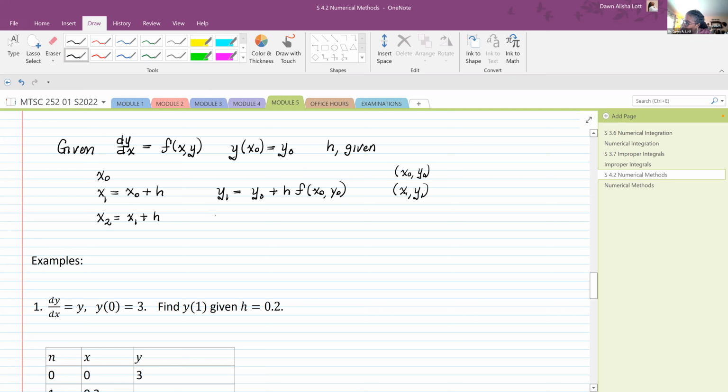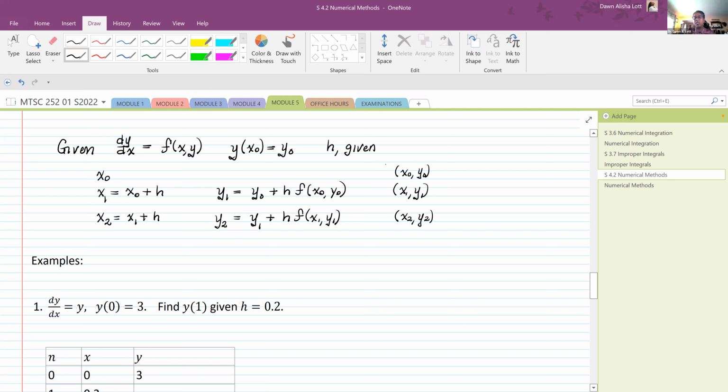How do I get y2? y2 is going to be y1 plus h times f of x1, y1. And then I will have x2, y2.